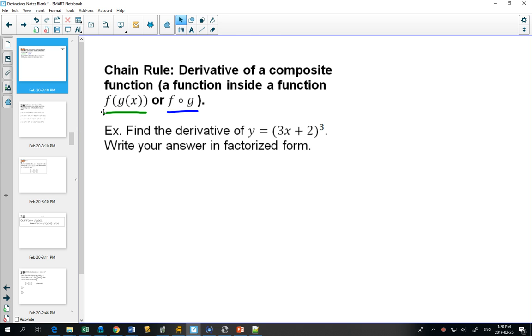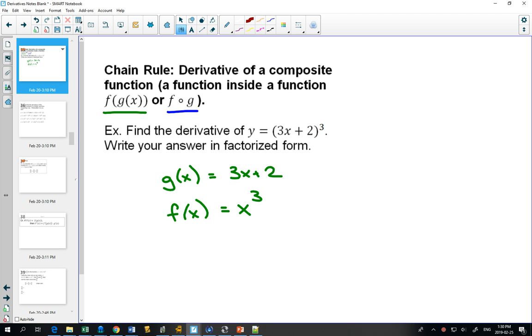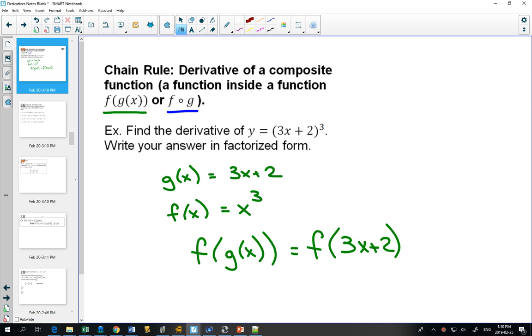If I wrote it in function notation, if I made g of x equal to 3x plus 2 and f of x equal to x cubed, can you see that f of g of x is equal to f of, instead of g of x, I could write 3x plus 2. And what does the function f do? It takes whatever you put inside and cubes it, so this would equal 3x plus 2 cubed. So that's a little review of function notation and composition of functions.